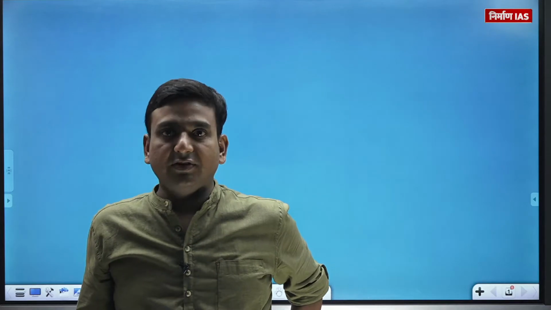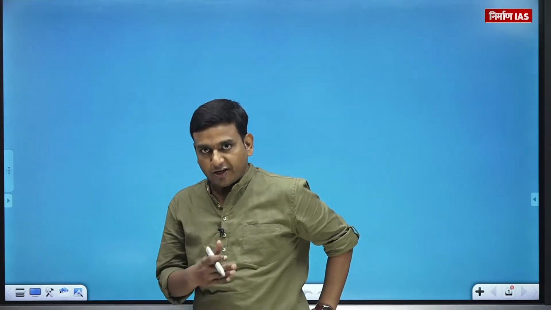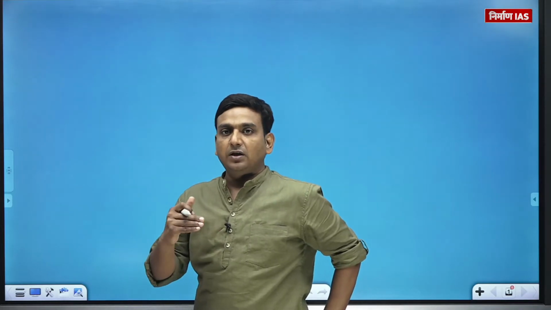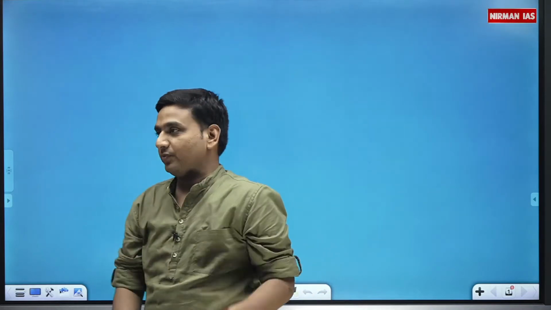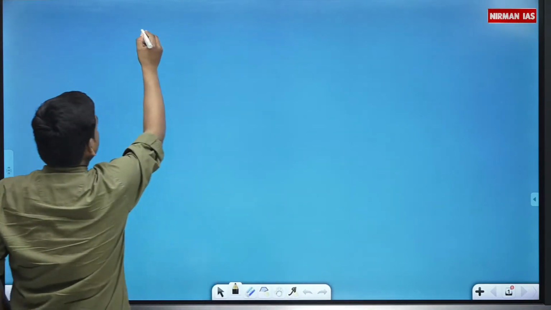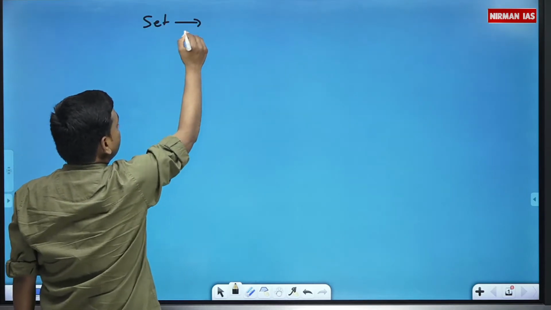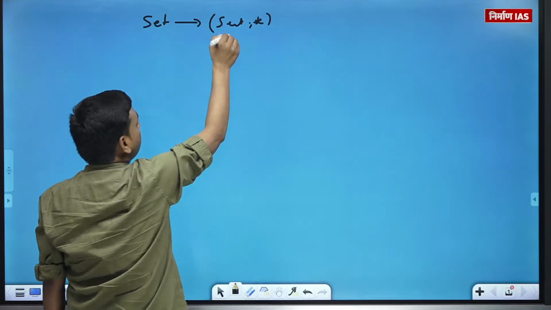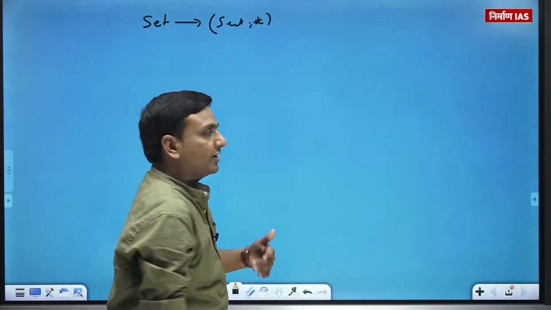We were studying coset theory. Now continuing that part in coset theory, we have discussed the things. Now, the sequence must be very clear here. First, what we studied? Set. Then, with a set and one binary composition, we moved to algebraic structure.